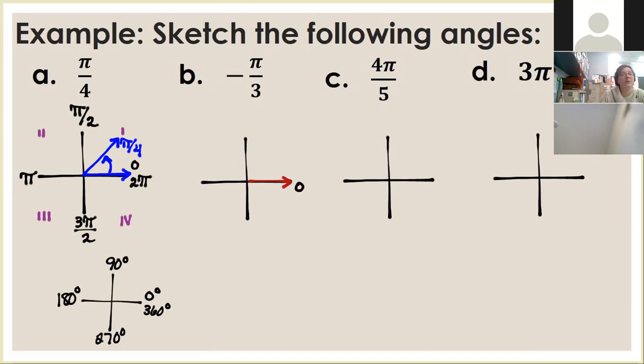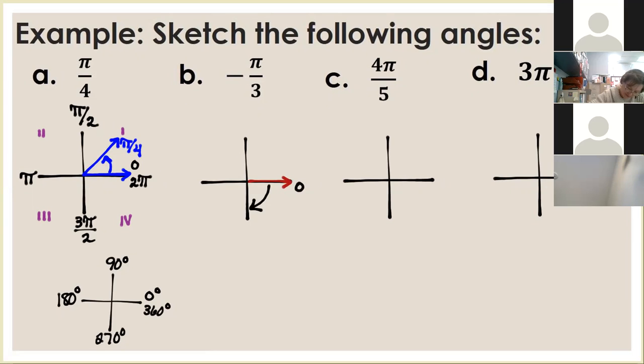I have 0 radians here. What do I need down on the bottom since we're going in a clockwise direction? Pi over 2, absolutely. But because I'm going clockwise, it's not just pi over 2, it would be what? Negative pi over 2. There we go, negative pi over 2.